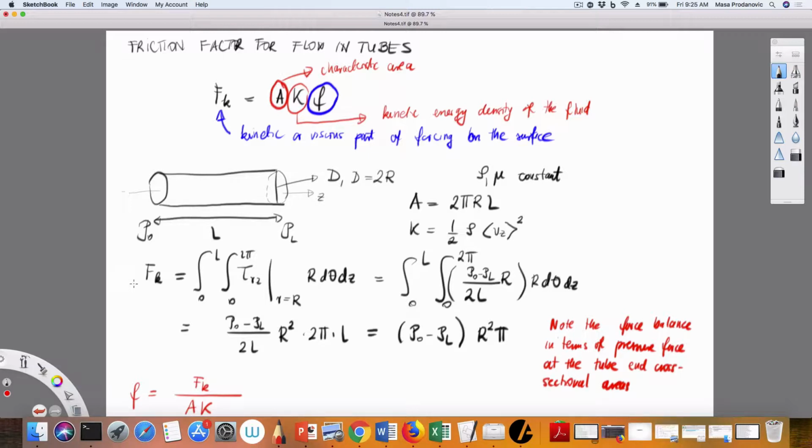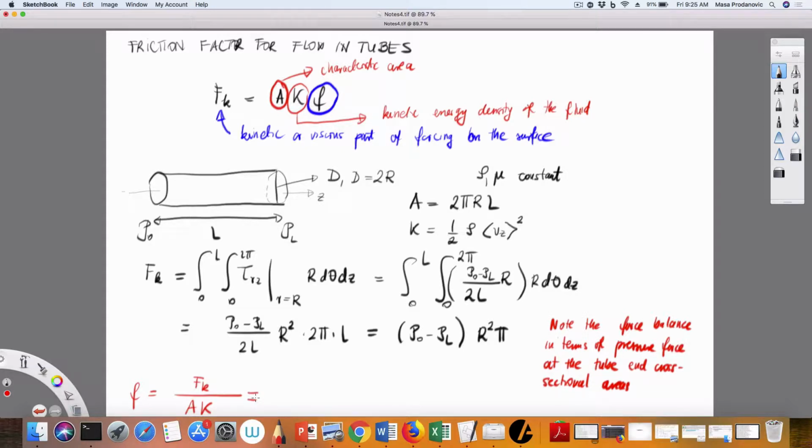And then I'm going to try to relate this kinetic force to some characteristic area A and some sort of averaged kinetic energy density of the fluid, K. F is going to be this friction factor that is multiplying A and K to get us the force. So that gives me F as Fk divided by AK.